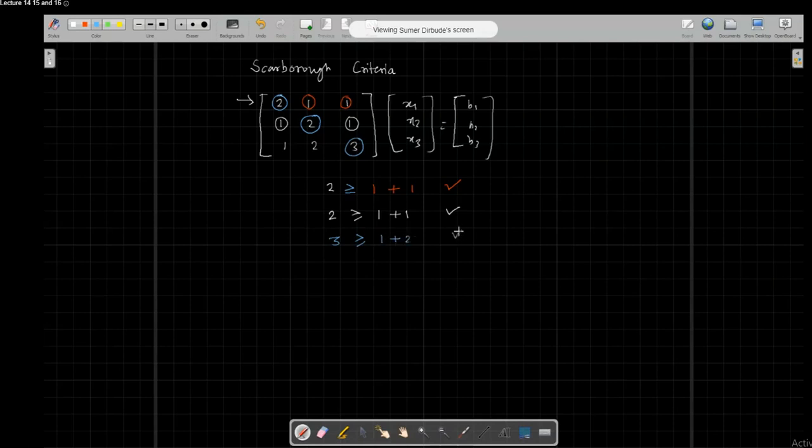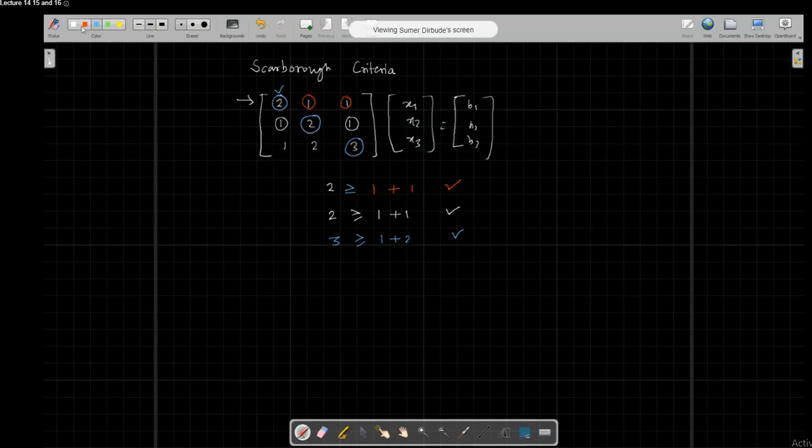This is also satisfied. If this is satisfied, then there is a diagonal dominance. The diagonal term should be larger than or equal to the sum of the rest of the elements. That is the condition. Greater than in all rows is a very good situation.